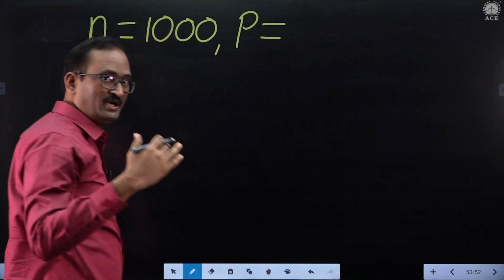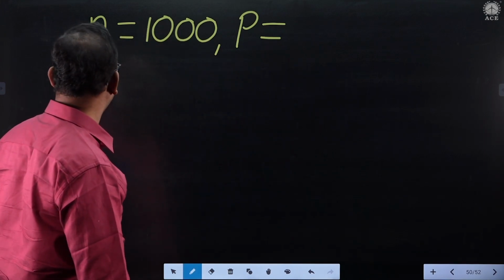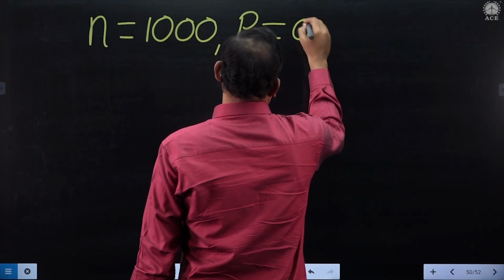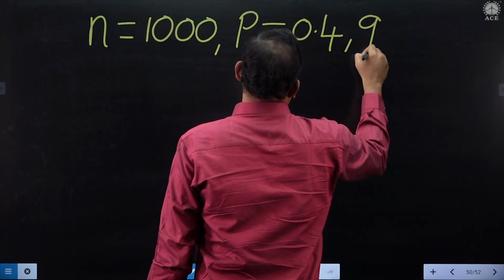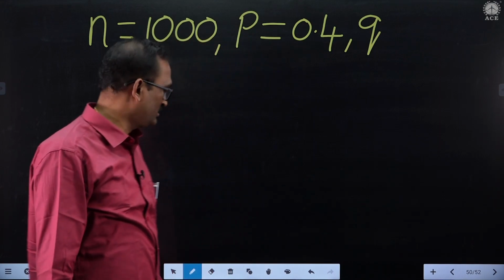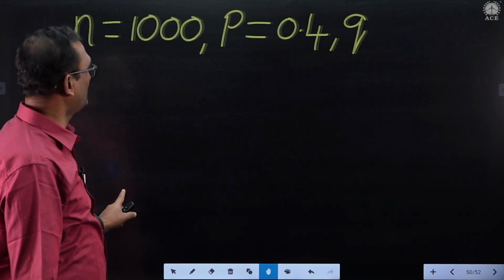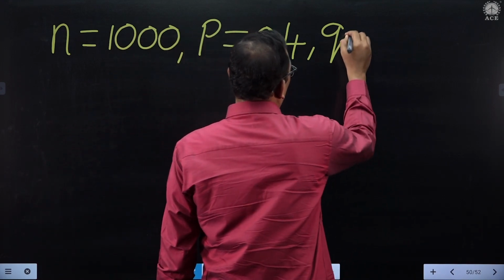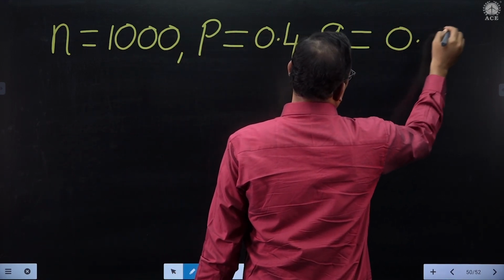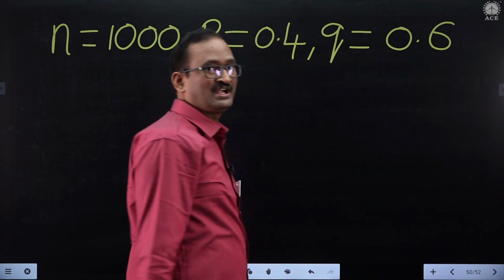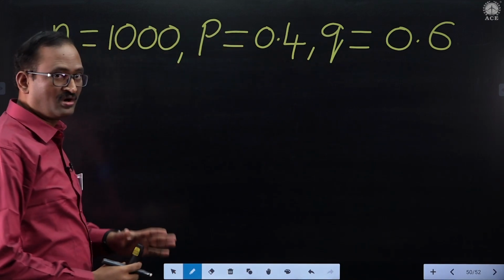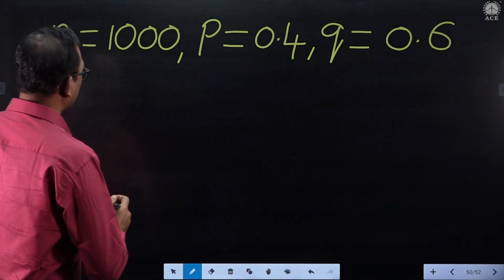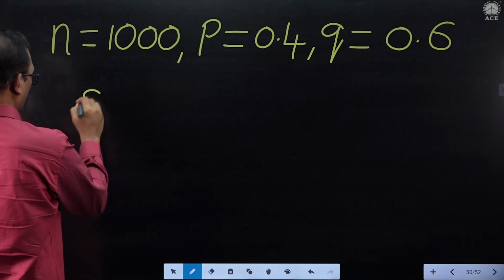Now let us see. The coin was tossed 1000 times. P means probability of occurrence of head, that is 0.4. Q means 1 minus P, that is 1 minus 0.4, that is 0.6. Because all tosses are independent, it is a binomial distribution.